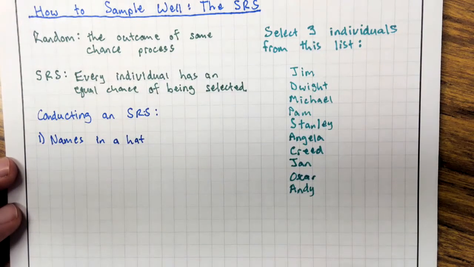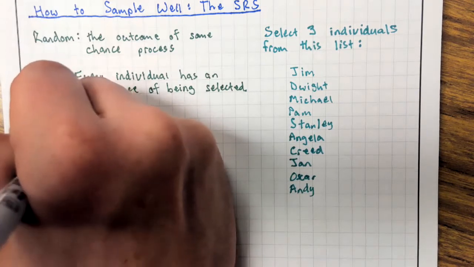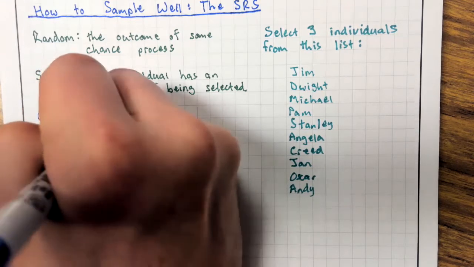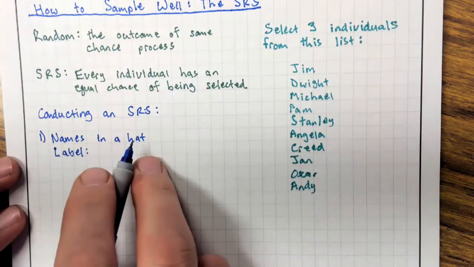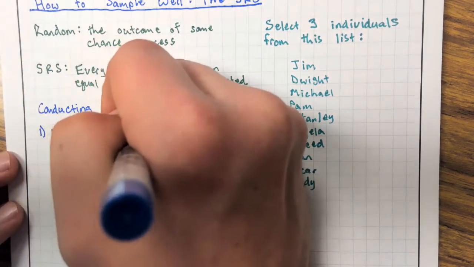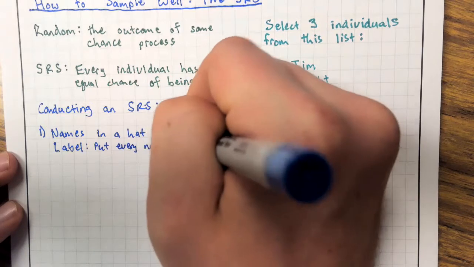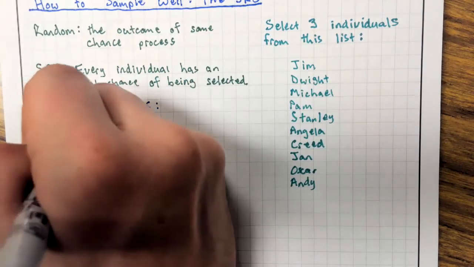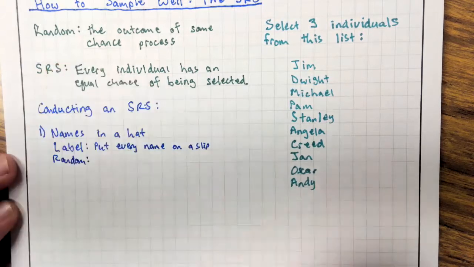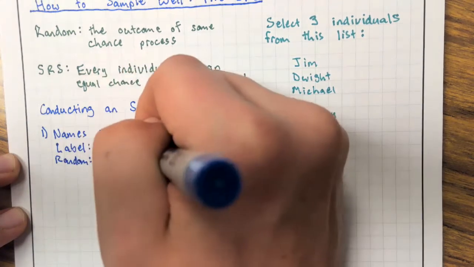What you want to do first is label. If we're going to use this method to do our SRS, we would put every name on a slip of paper, and then we're going to need to do some random process. We're going to need to randomize. So how you randomize if you're using the names in a hat method is shuffle in a hat.